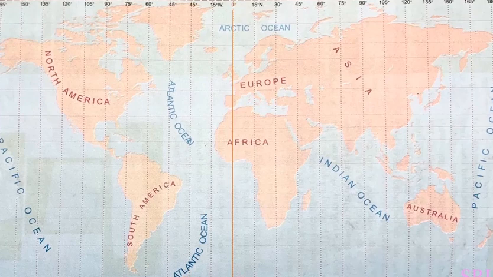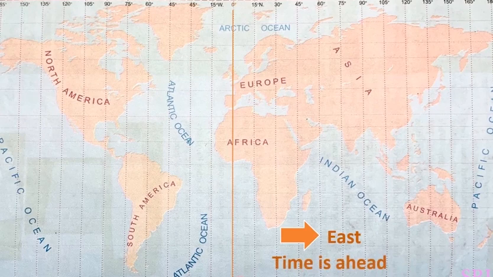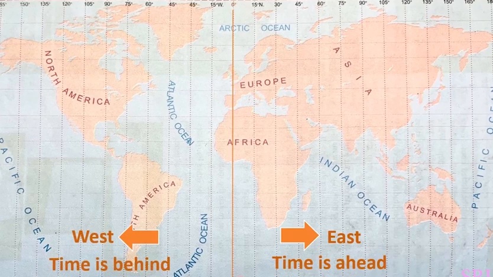So now, the longitudes lying to the east of the prime meridian are ahead of time. And the longitudes that are lying to the west of the prime meridian are behind. As we know that the earth takes 1 hour to cover 15 degrees.